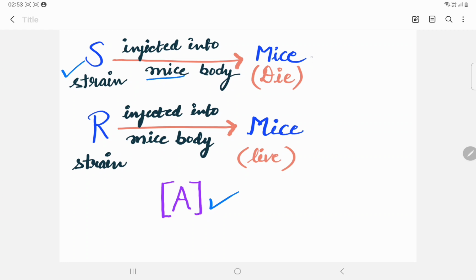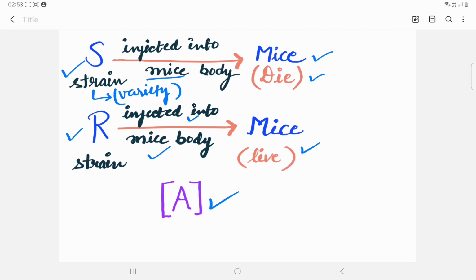Result was, you can see, mice dies. Now understand this, strain is nothing but variety of bacteria. R variety of the same Streptococcus pneumoniae bacteria was injected into the mice body and the result seen was that the mice lived.